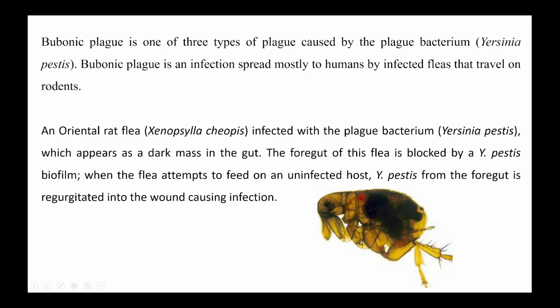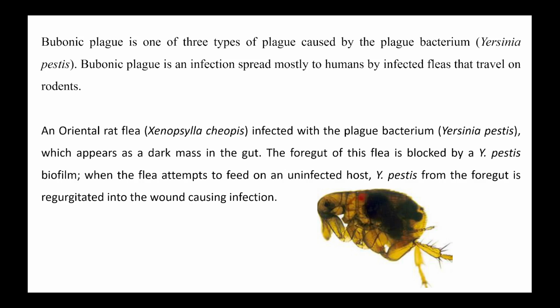And this insect is generally infected by the plague bacterium, Yersinia pestis, which appears as a dark mass in the gut. So here you can see the Yersinia pestis. It basically resides in the gut of these insects, and the foregut of this flea is blocked by Yersinia pestis biofilm. So to survive inside these insects, they form a biofilm.